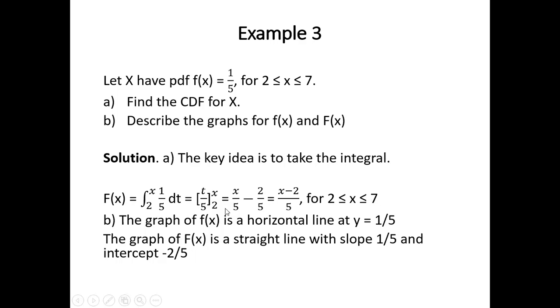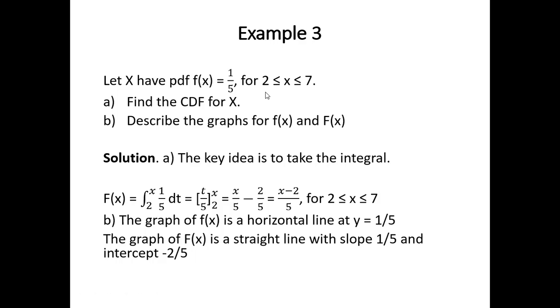Okay, so now if we want to draw graphs, let's just think about f of x. f of x is 1/5, right? What kind of distribution is this? Did you say uniform distribution? Then you'd be correct. This is a constant. When f is a constant, you get a horizontal line.